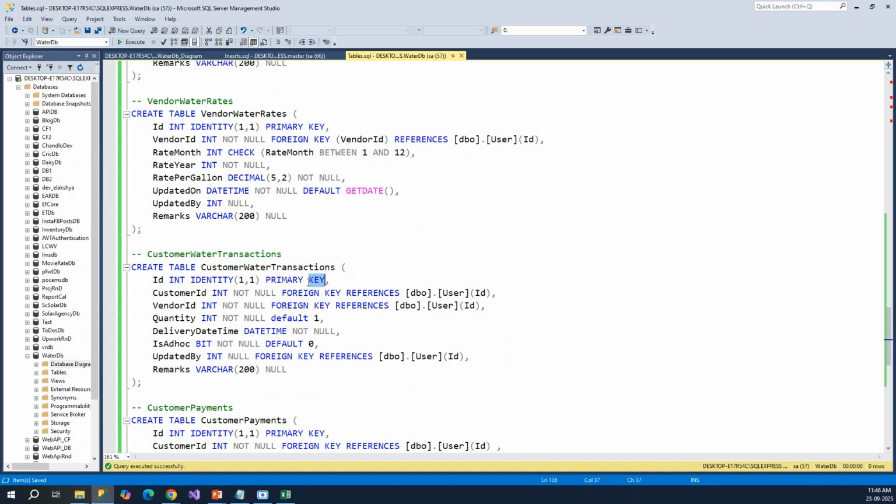So this is ad hoc. Ad hoc will help the vendor determine how many ad hoc requests they are receiving in a day or on a monthly basis, and they can carry those extra gallons in the vehicle, so that they can earn more than what they earn from their regular customers. This kind of decision making they can do based on this one column, which is called ad hoc.